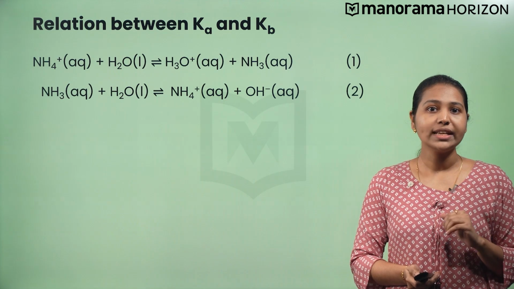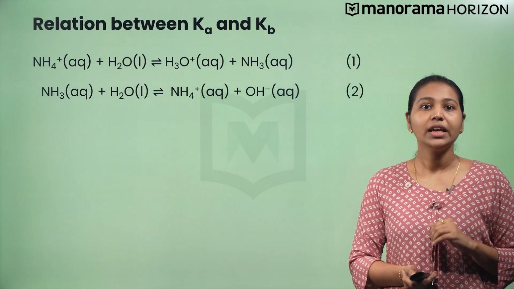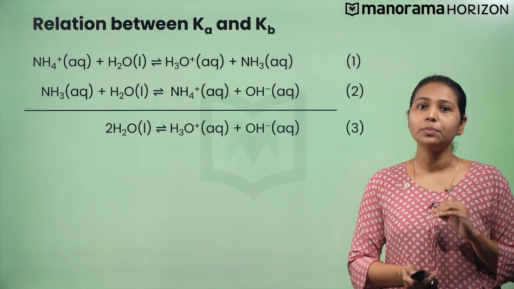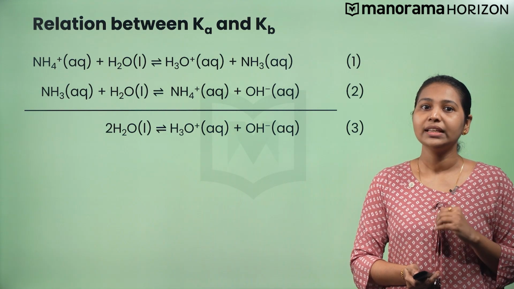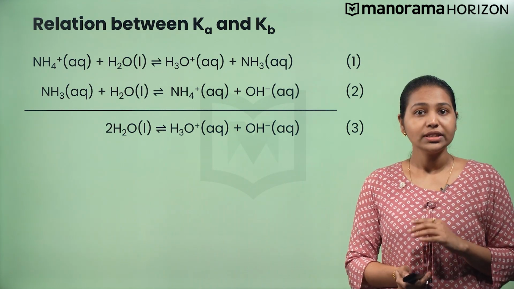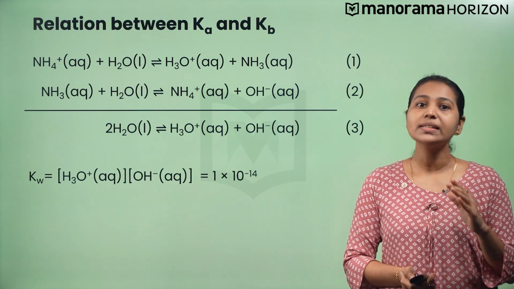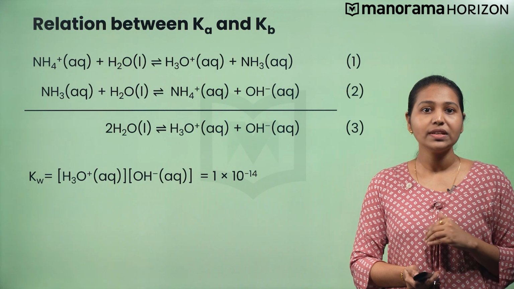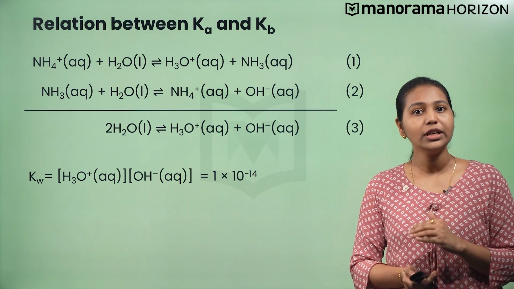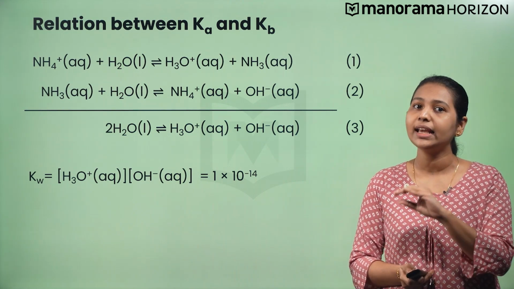This can also be extended to make a generalization. Here you can see the net equation obtained from equations 1 and 2, that is equation 3. Equation 3 gives the auto-ionization of water and its equilibrium constant is Kw. You have seen previously that the equilibrium constants for equations 1 and 2 are Ka and Kb respectively.